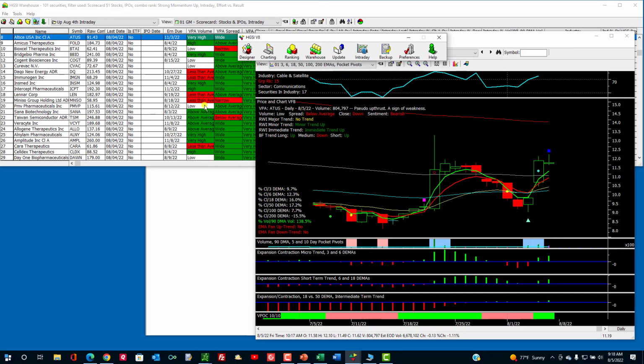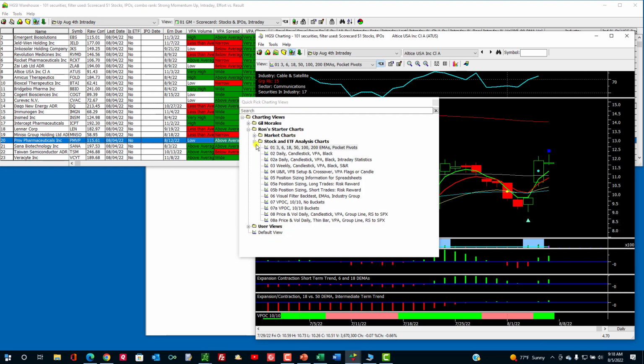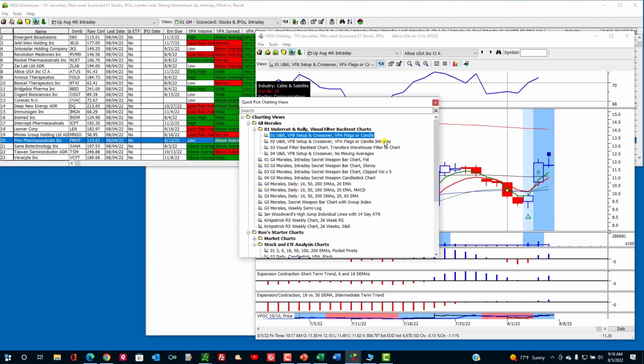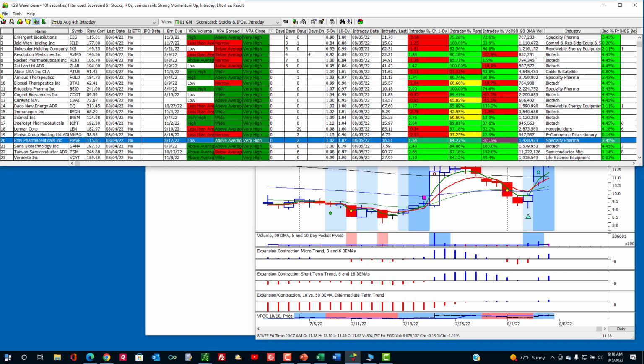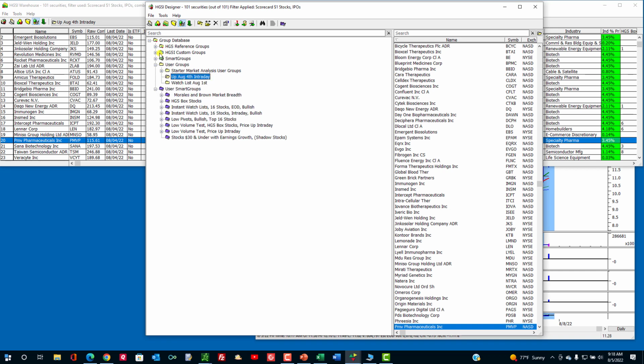Okay, let's go back here. I'm going to change charts here. I'm going to go up to Gil's charts, and I've been using these undercut and rally charts a lot because they're really effective, and it's a really good way to screen. Now, with the market updated in the background, I'm going to go in here.